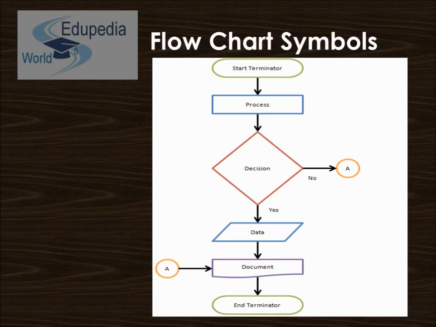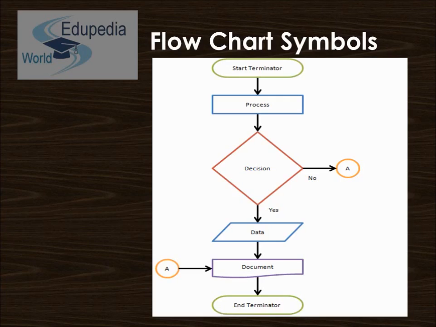The no output is connected with a circle indicated by the capital letter A. So this is basically a connector. Connectors normally are denoted by capital letters, and again you can see at the second last line the same symbol A, showing the same connecting point.